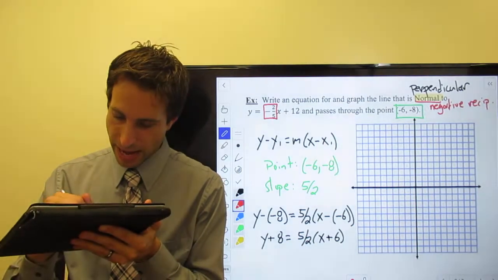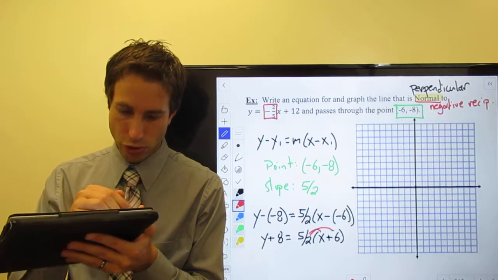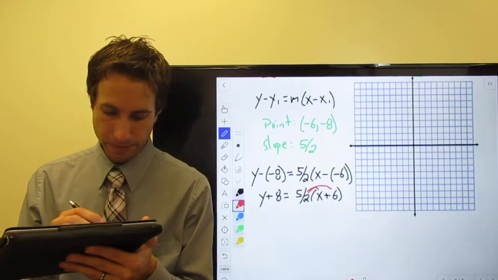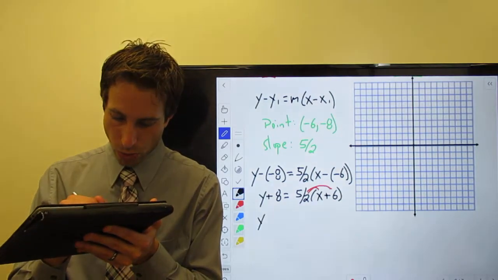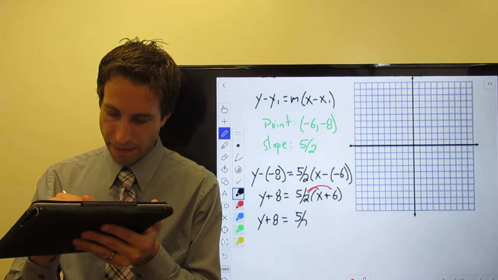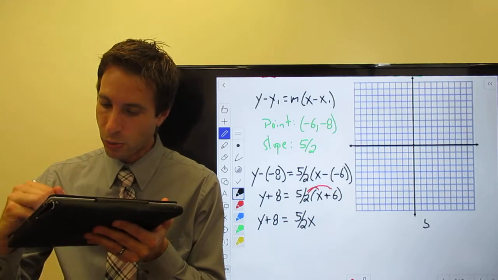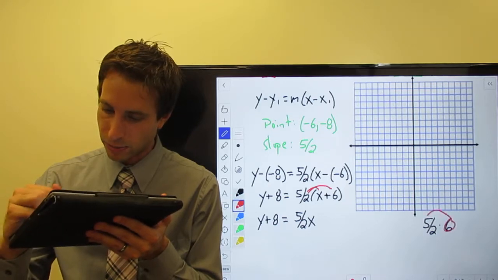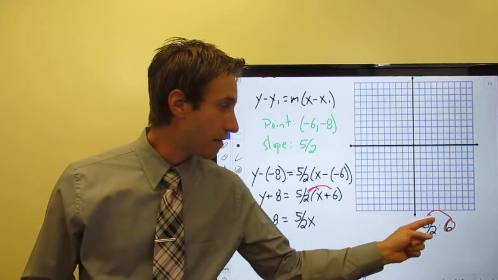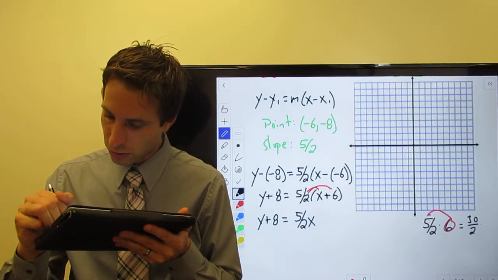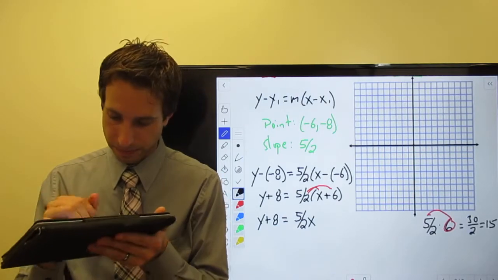All right, now that I've done that, let's distribute through the parenthesis. So y plus 8 is equal to 5/2 x. Again, remember, when you multiply a fraction by a constant, that constant gets multiplied into the numerator. 5 times 6 is 30 over 2, 15.